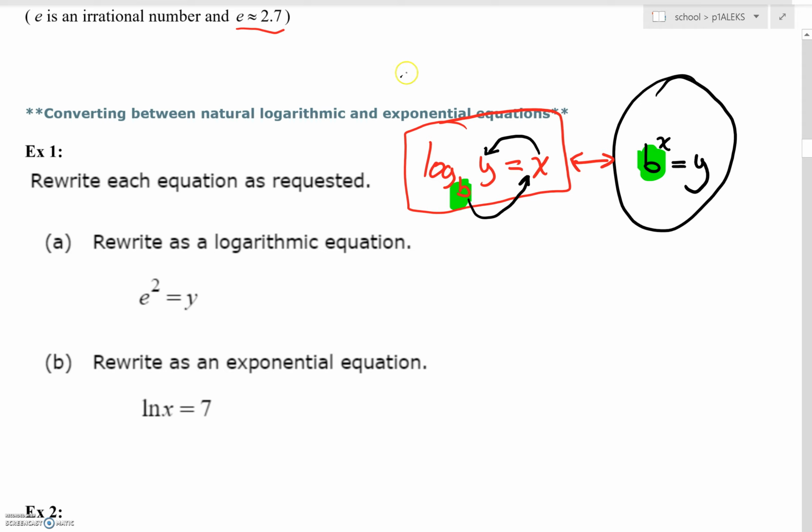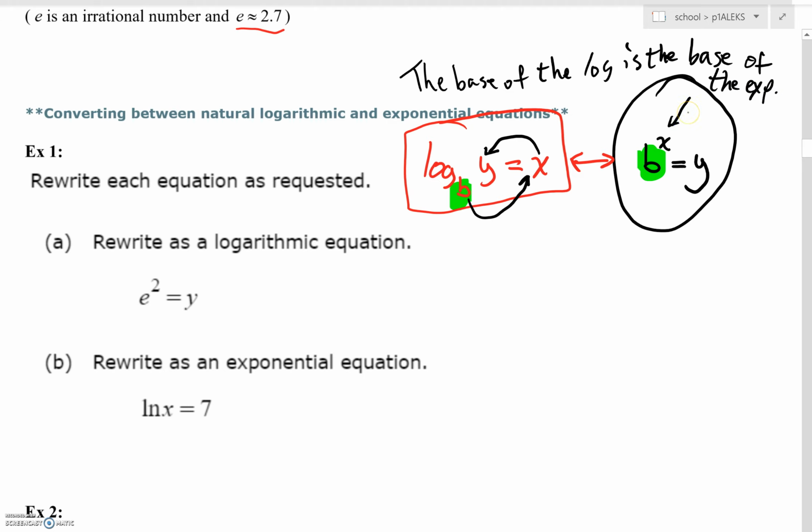The base of the log is the base of the exponent. And I hope you can see that in green. So that's hopefully going to help you out. The actual power, the actual exponent, never goes inside the log. It's actually equal to the log.